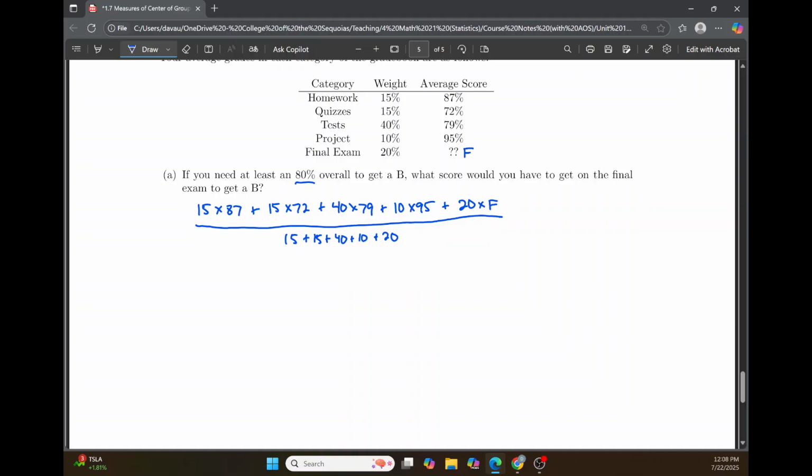So we need this weighted average to be greater than or equal to 80. Okay, so what I want to do now is solve for f. And in order to do that, first I should probably just simplify what I've got. For example, I can do 15 times 87, I can do 15 times 72, and I can add those things together. I can combine all of my like terms. So let's do that first of all.